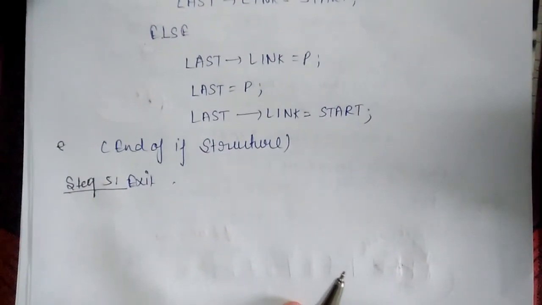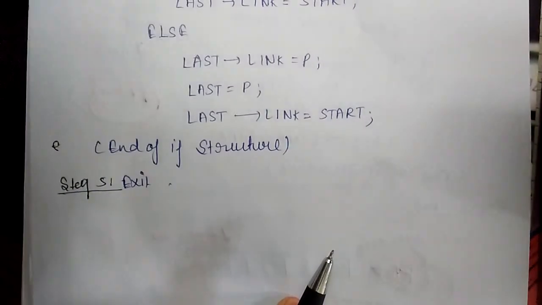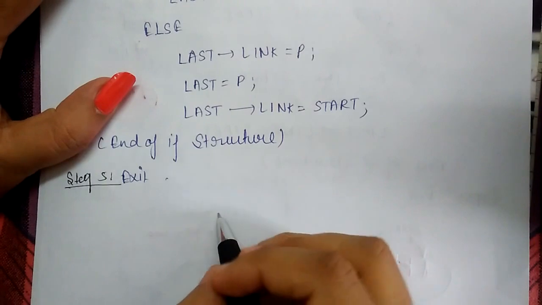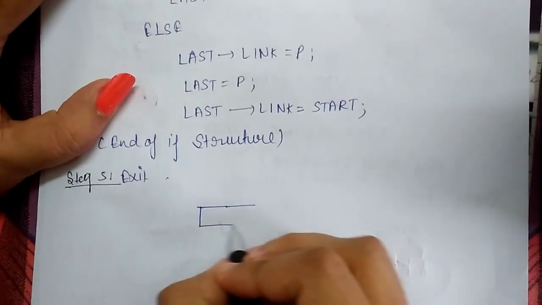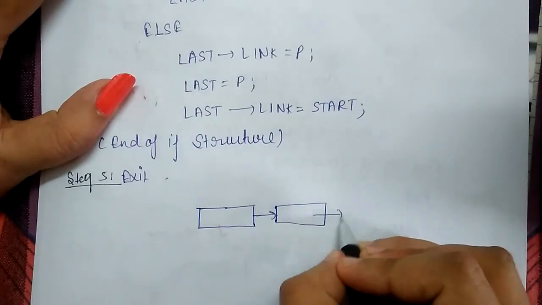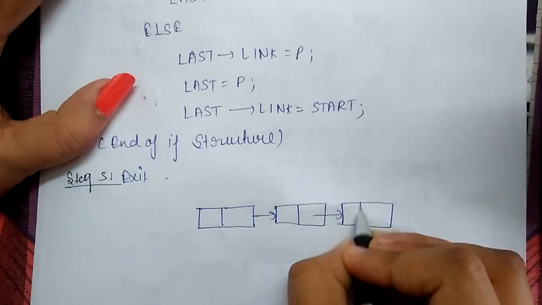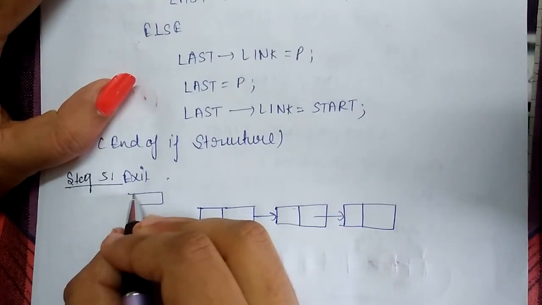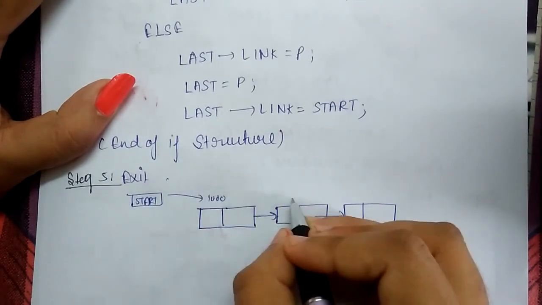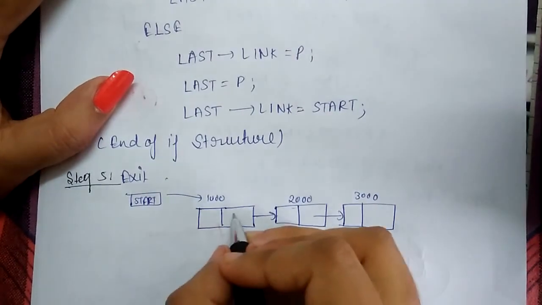But in the second case we can have an existing linked list. When we have an existing linked list, how can we insert the node at the end? Suppose we have this linked list with 3 nodes, and start is pointing at the first node, address 1000, the second node address is 2000, and the third node address is 3000.